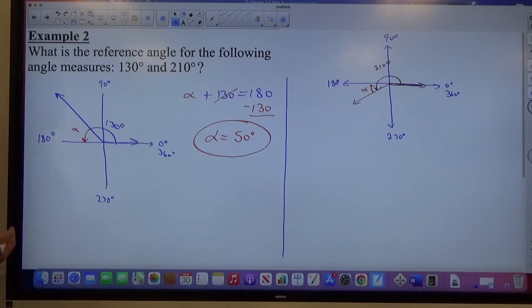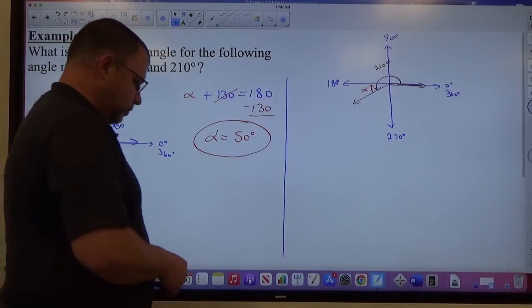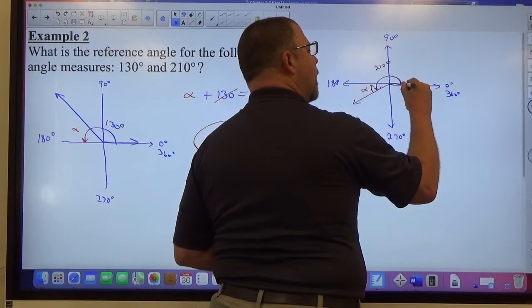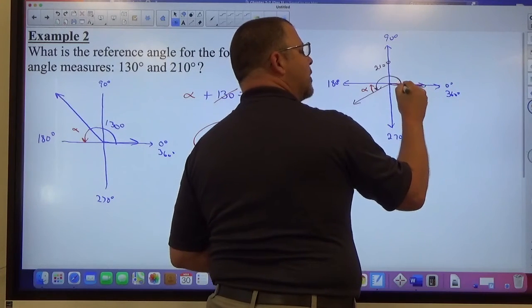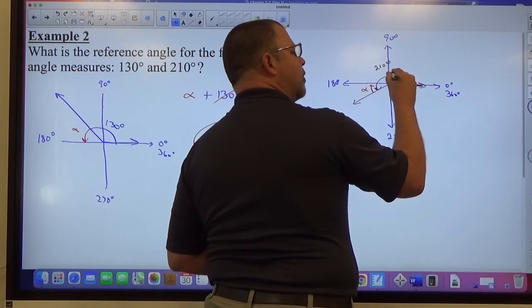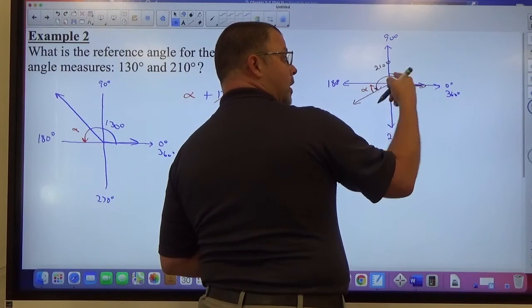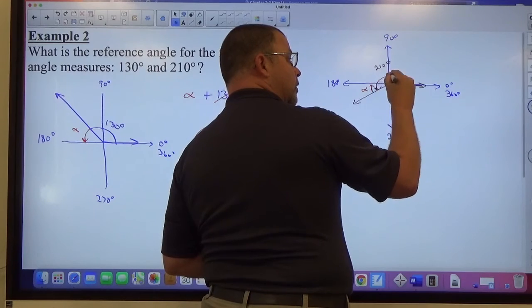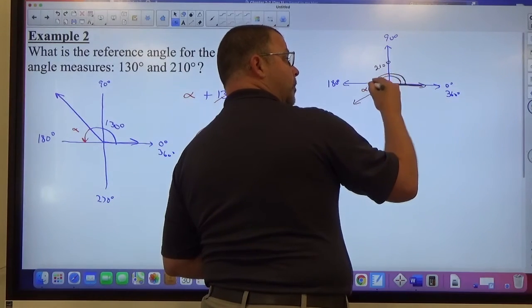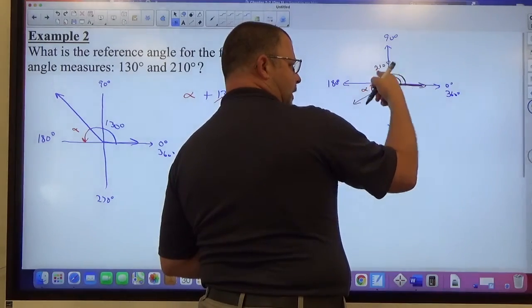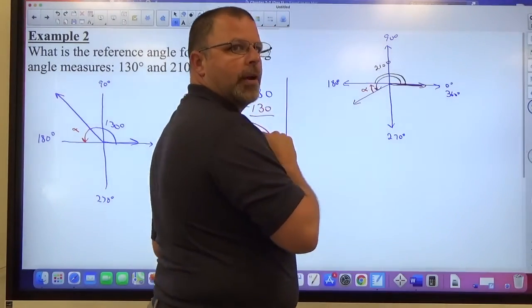What other specific fact do I know in this picture? If I start here and start going around, where can I stop where I know an exact measure? From here to here is how much? From there to there is 90, right? And then if I keep going, from here to here is 180, right? So from there to there is 180, from there to there is alpha. Together they make up the entire measure, right?